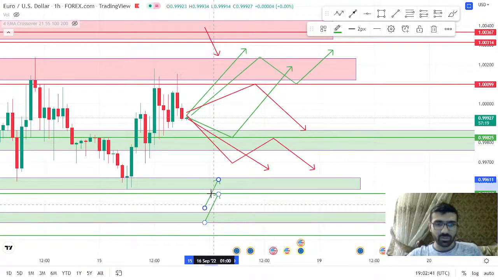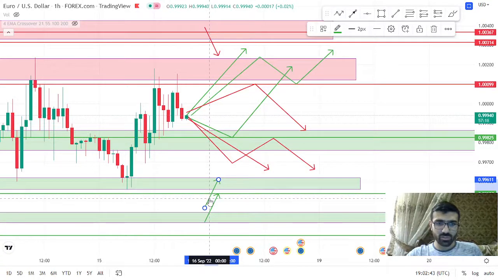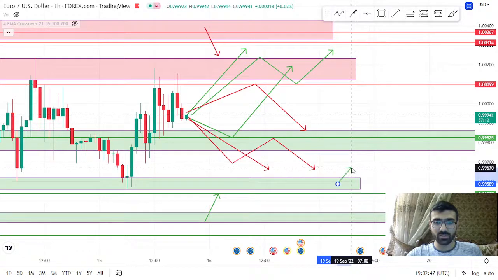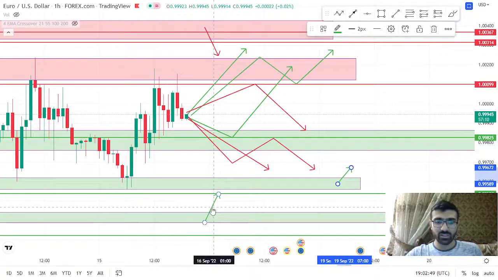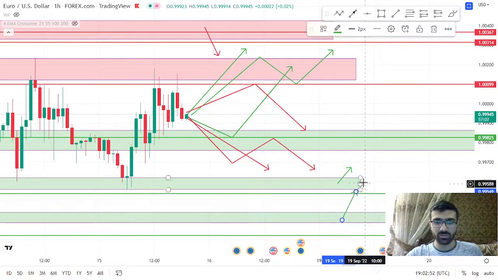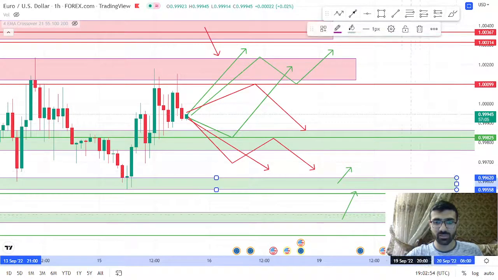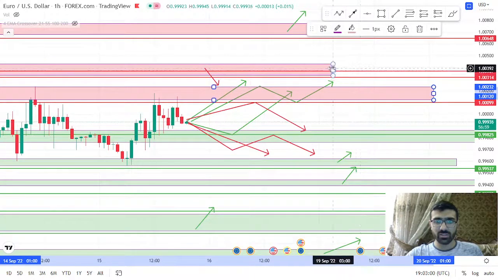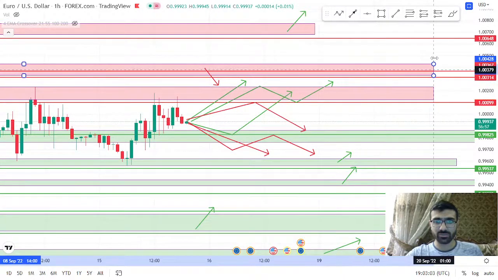So now let me just give you some bonus areas from where we can look for a good buying area. So that will be this area and this area. So these two are bonus areas to buy this pair, and the bonus area to sell this pair is of course this region and majorly this region.